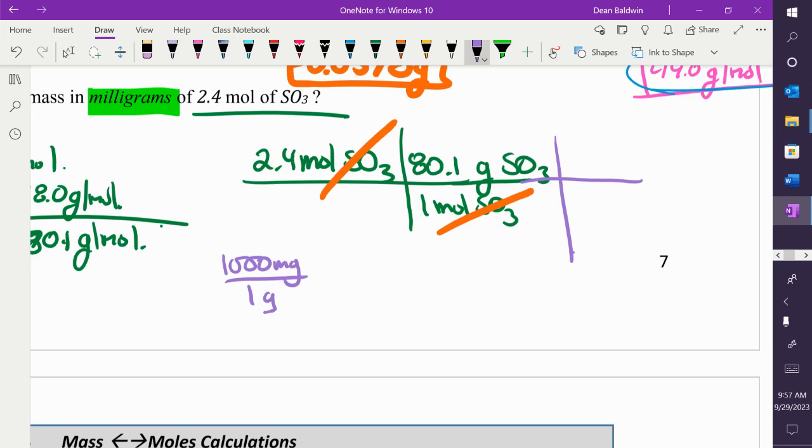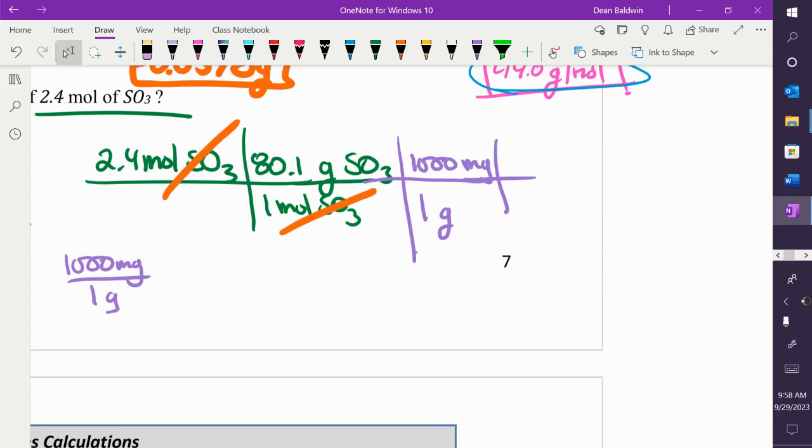That's what milli means, or 10 to the 3, same thing. So I want grams to cancel, so I put grams down here. I put 1,000 milligrams there. And then you just multiply them across. How many sig figs should our answer have? 2.